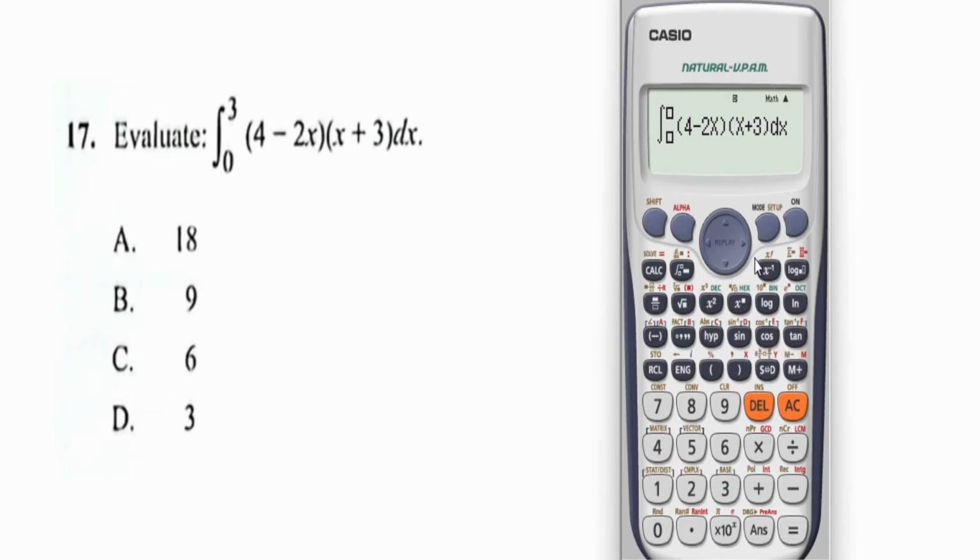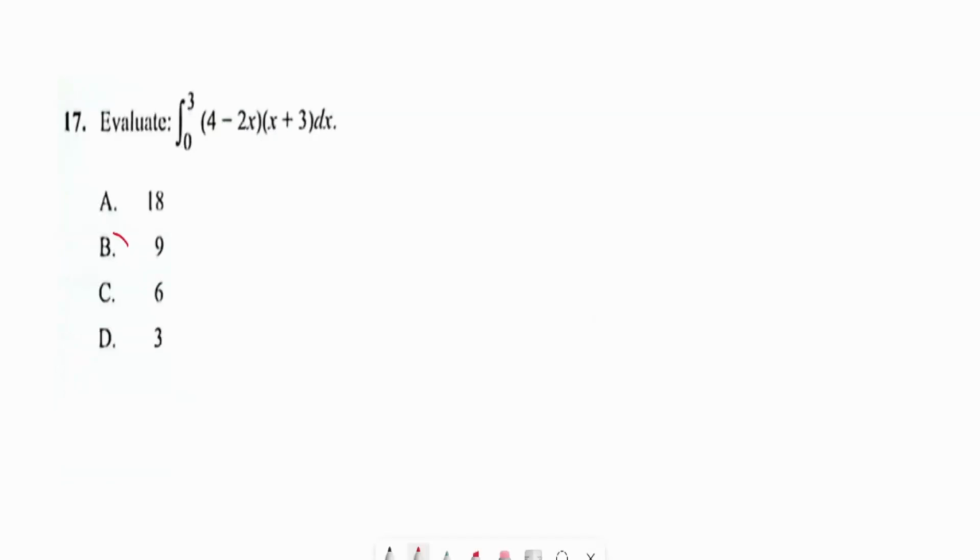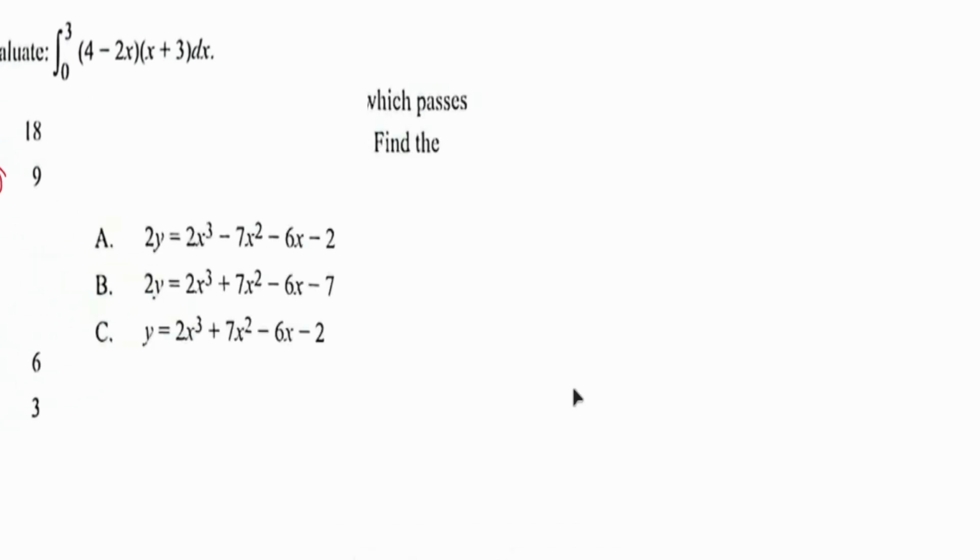Then I close it, I move the cursor forward to the limit. I have 0, the minimum, and then the maximum is 3. Then after that I punch equal to, and that gives me 9, which is the same as option B. So I'll just go here and choose option B. That's the correct answer.